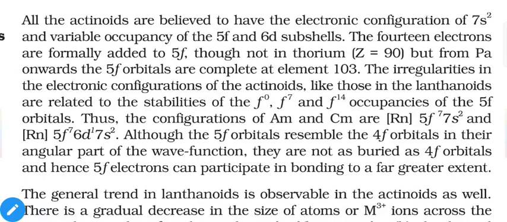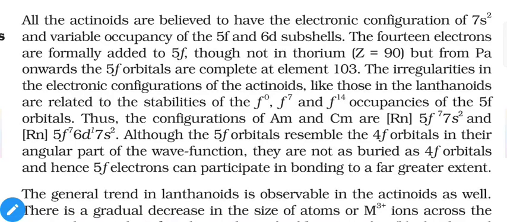Although the 5f orbitals resemble the 4f orbitals in their angular part of the wave function, they are not as buried as 4f orbitals, and hence 5f electrons can participate in bonding to a greater extent. That means if we compare these elements with the previous series, the lanthanoids, then comparatively the 5f orbital is close to the outermost orbitals, whereas in lanthanoids the 4f orbitals were very deep, present inside closer to the nucleus or away from the outermost surface or valence orbitals.